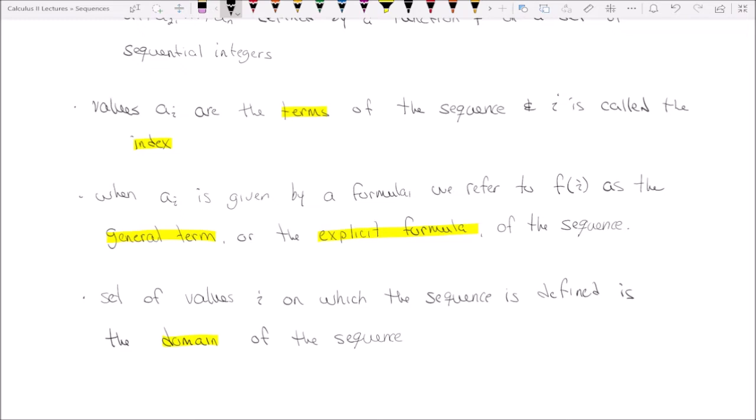Right, there could be times where a sequence is defined recursively or given by a recurrence relation.